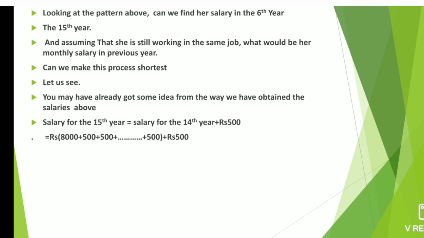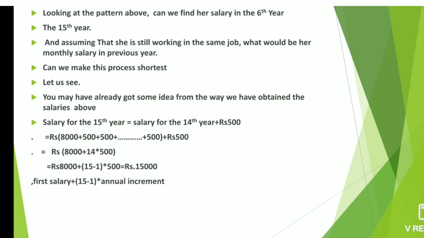Here the 500s are repeated how many times? Simply 14 times. That is 8,000 plus 14 into 500. So overall we get 8,000 plus, that 14 can be written as 15 minus 1, into 500. So obviously we get 15,000. That means first salary plus 15 minus 1 into annual increment.